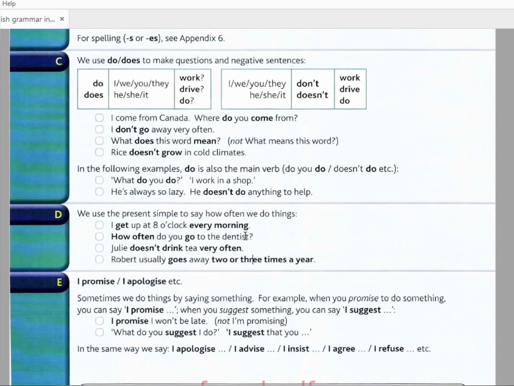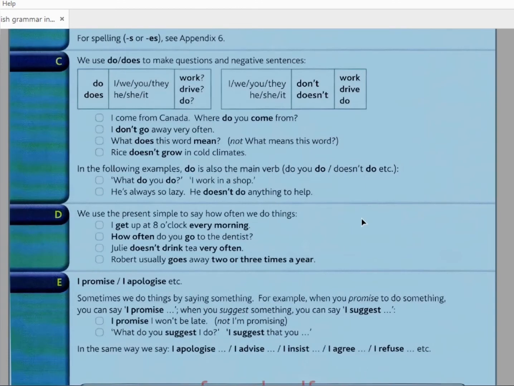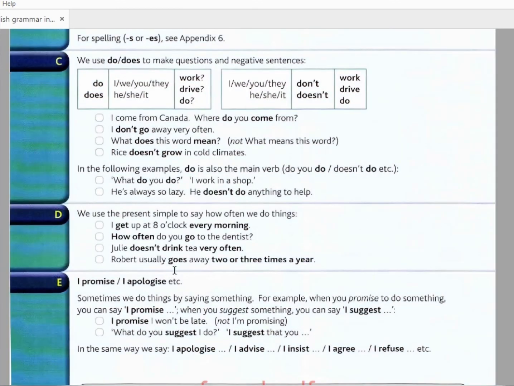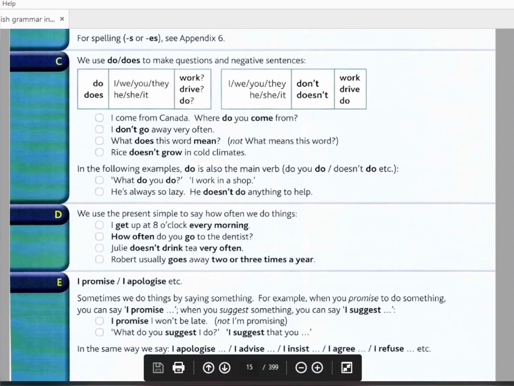By the way, we have these words with present simple, for example every, often, and 2 or 3 times a year. We also have usually, for example, Robert usually goes. Why goes? Because Robert is singular. Robert usually goes away 2 or 3 times a year.